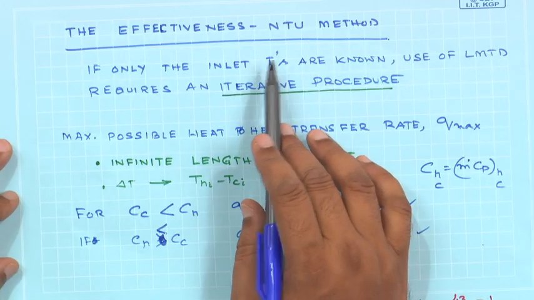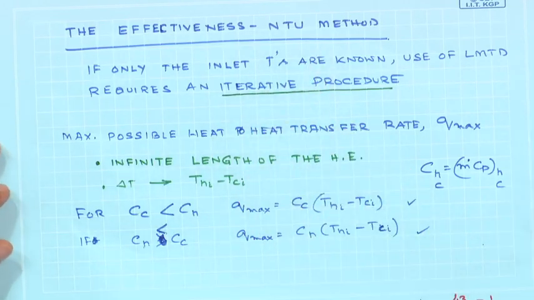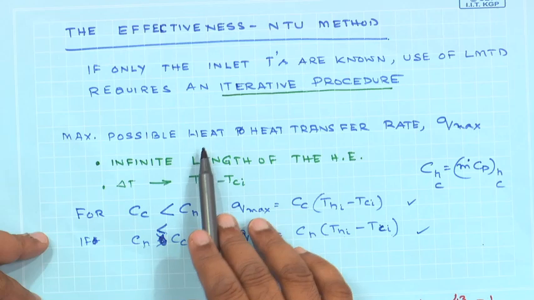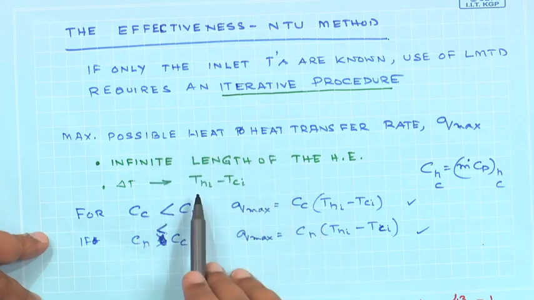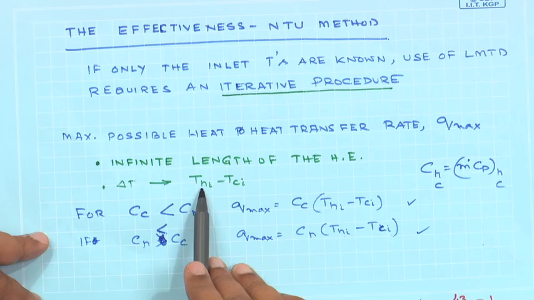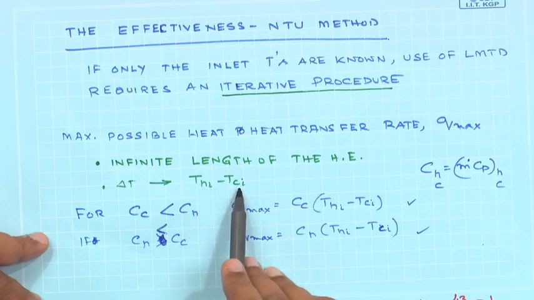So, what we have done in the previous class is we started to work on the epsilon-NTU method, and the maximum possible heat transfer can take place when the temperature drop goes from Thi, that is the temperature of the hot fluid, to Tci, the temperature of the cold fluid.